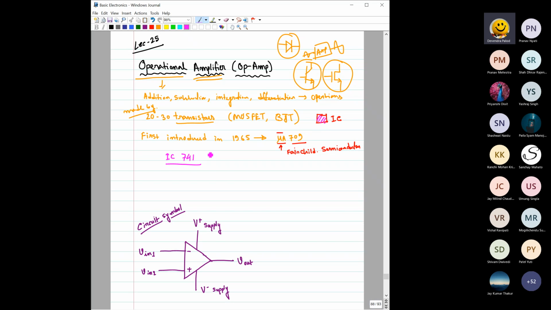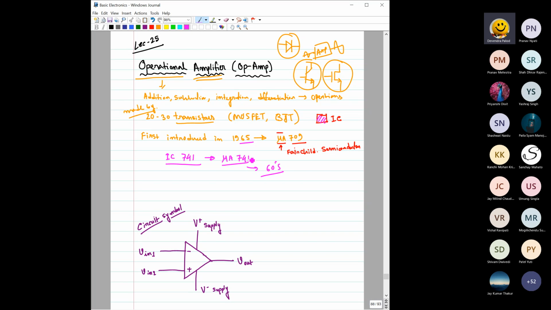If it is from Fairchild Semiconductor, to be more precise you can say muA741. This was also introduced in the 60s, a few years after the first introduction.